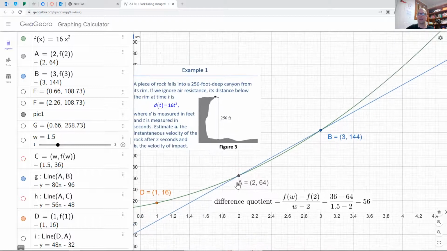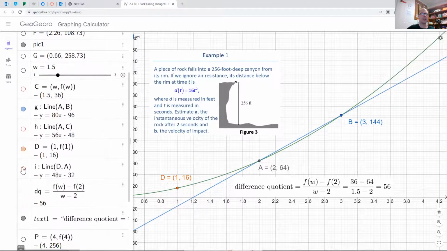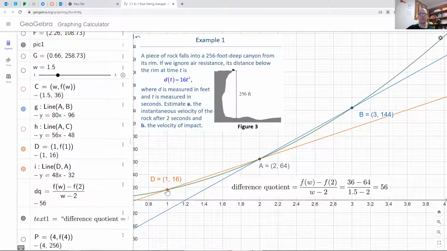Another thing that I did for fun was, instead of going up, maybe we would go backwards and calculate the slope between 1 second and 2 seconds. I think that's this line. And you can see that the one that goes from D to A here has a shallower slope than the one that goes from A to B, because generally as a quadratic progresses, it continues to get steeper and steeper over time.